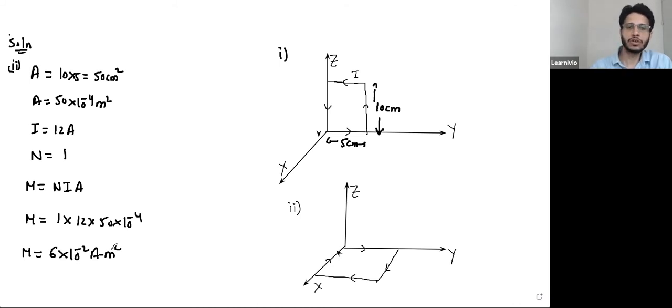Okay, if this is your coil, this is the direction of current. Just apply right hand thumb rule over this coil and tell me the direction of magnetic moment. For the direction, take your notebook, place your notebook in this way, not in this way.